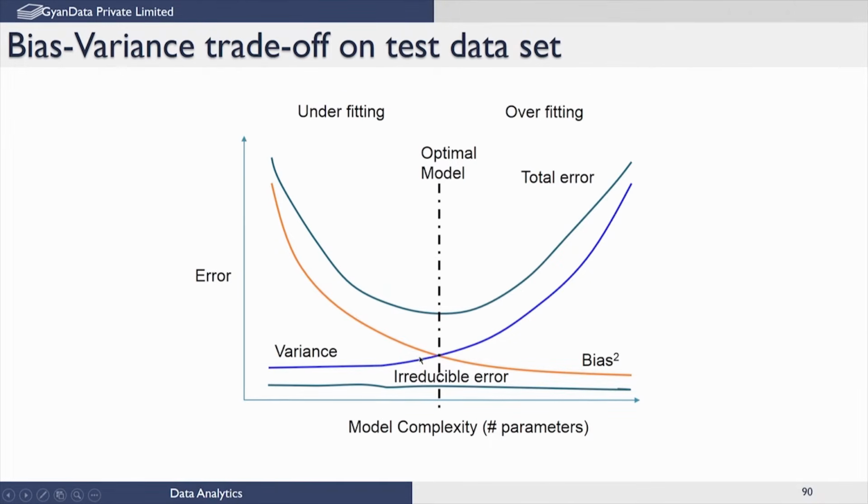It is the trade-off between these two that gives rise to the minimum value of the MSE on the validation set, and that is what you are looking for. So, you want the optimal trade-off between the bias, which keeps reducing as you increase the number of parameters, and the variance, which keeps increasing as the number of parameters increases.